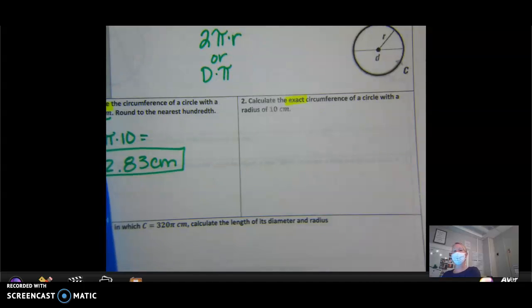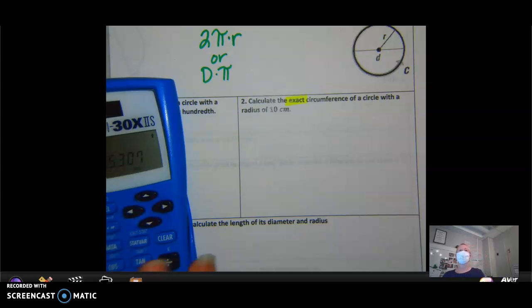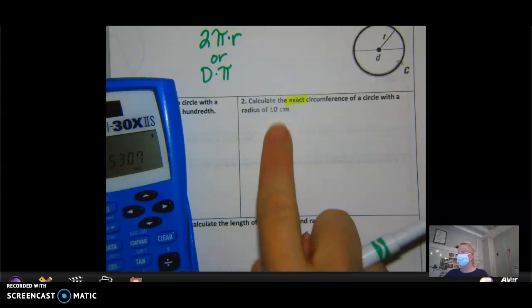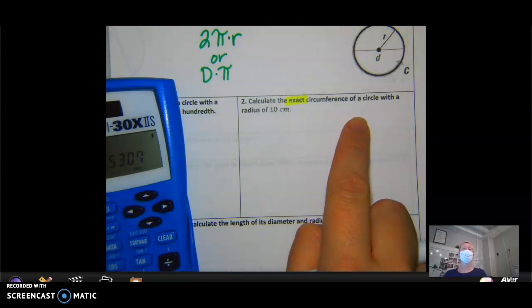Now, number 2, it says calculate the exact circumference. Well, when we use pi, it's a truncated part of the decimal, right? So you're not getting the exact answer because we are rounding it, okay? If they want an exact answer, what they're wanting you to do is leave the pi symbol in the equation, not actually multiply by pi.